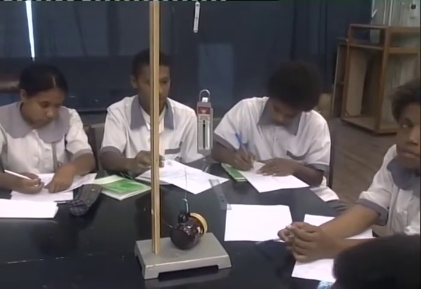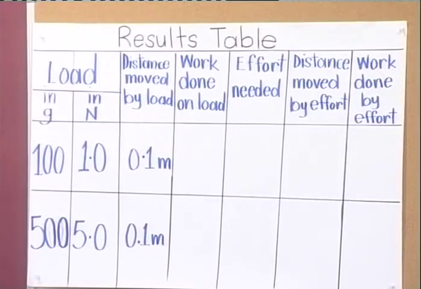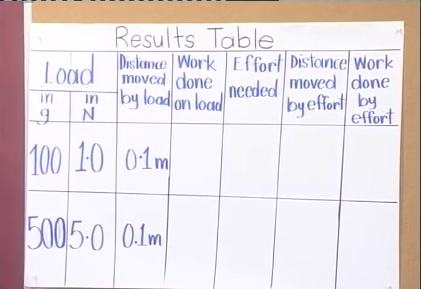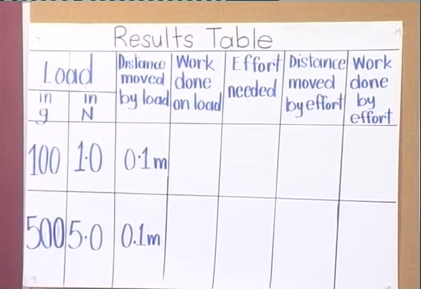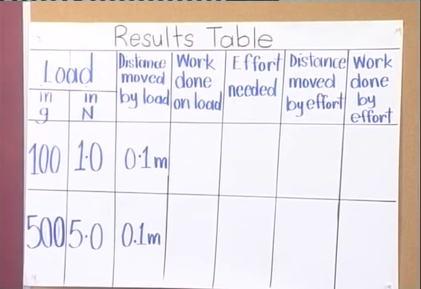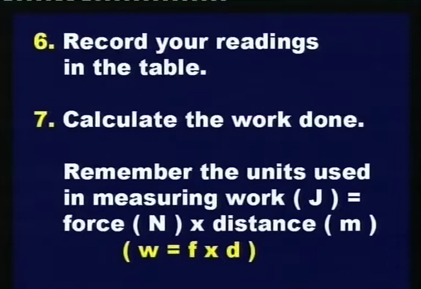I hope you have recorded your readings in the table. You are trying to find the effort needed and also the distance moved by the effort. Now let's see how we calculate the work done by the effort and the work done on the load.